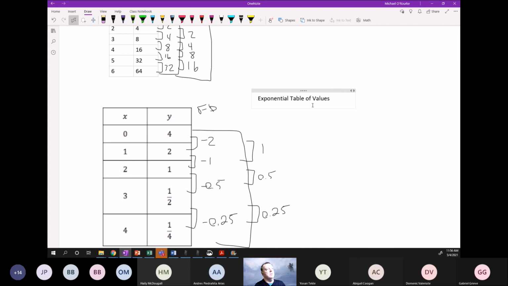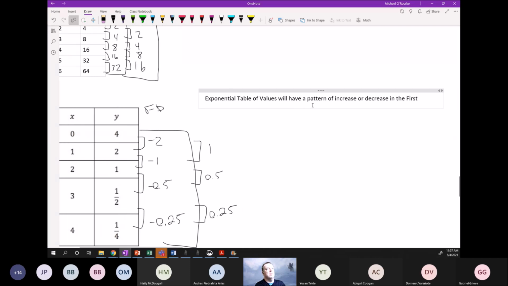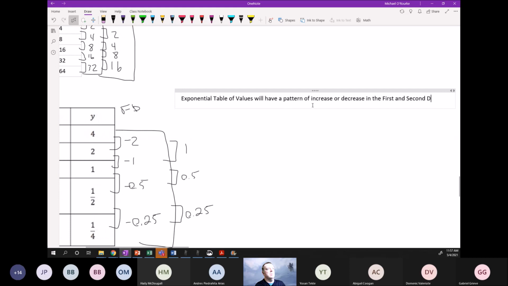Good. An exponential table of values will have a pattern of growth, of increase or decrease in, okay.